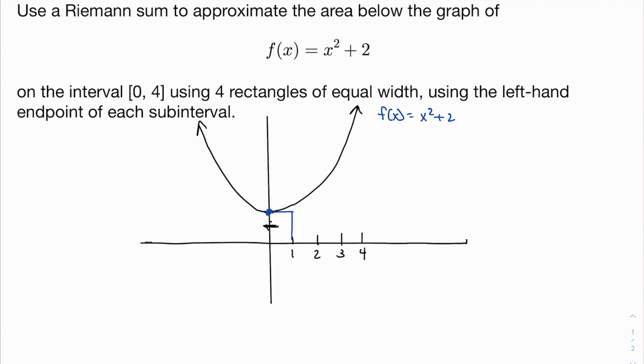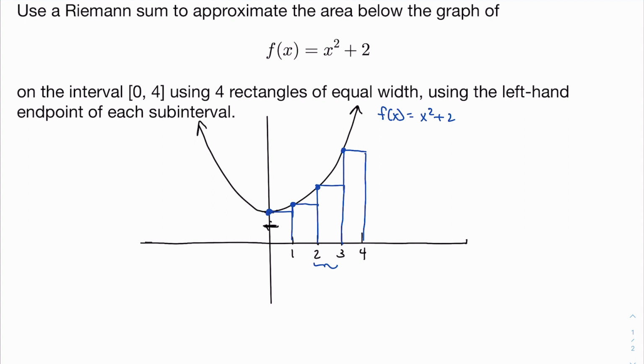On the interval 1 to 2, we'll use x equals 1 for the height of the rectangle. On the interval 2 to 3, we'll use x equals 2 to determine the height. And on the interval 3 to 4, we'll use x equals 3. So there are our 4 rectangles. And even though it doesn't look like they have equal width, theoretically they have equal width.